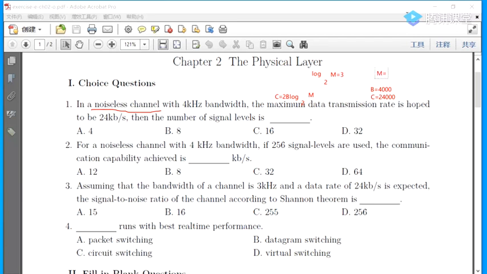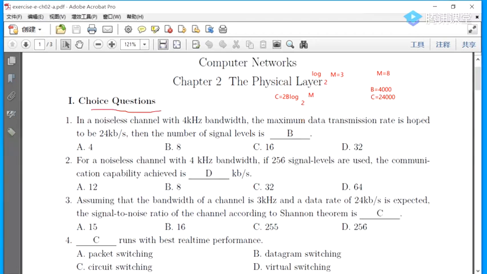So capital M, the number of signal levels, is 8. So the answer is B.